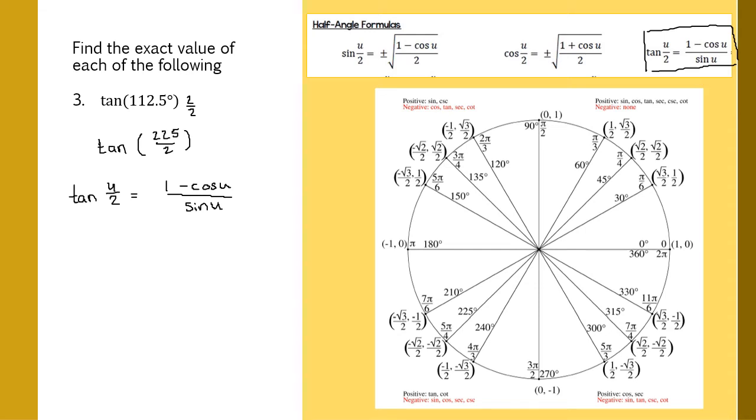And in our instance, the u, the angle that this is half of, is 225. So tangent of 225 over 2 is going to be 1 minus the cosine of 225 divided by the sine of 225.